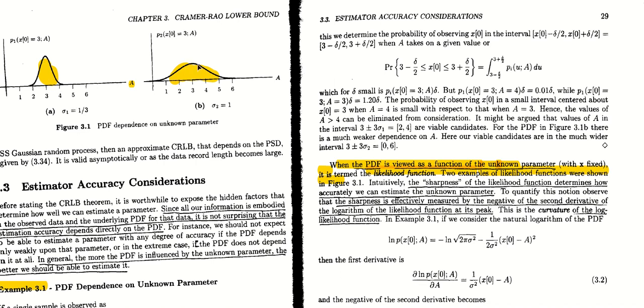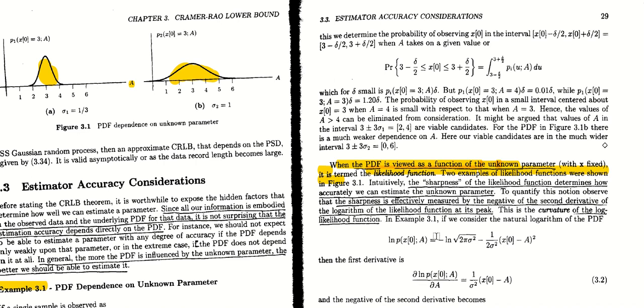However, when you have disturbance, you make small errors around the mountaintop. So the sharpness of the likelihood function, particularly at the top, implies the accuracy of your estimation.